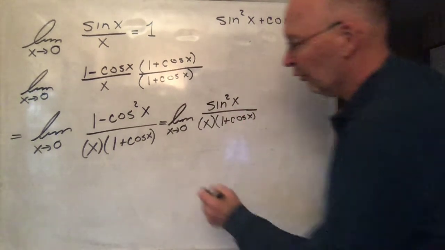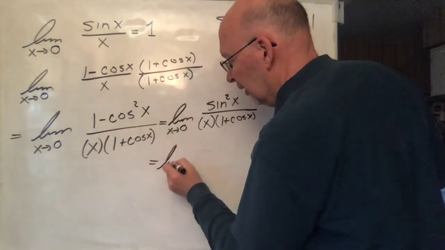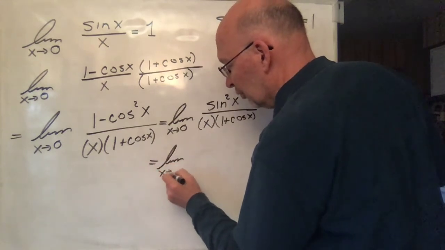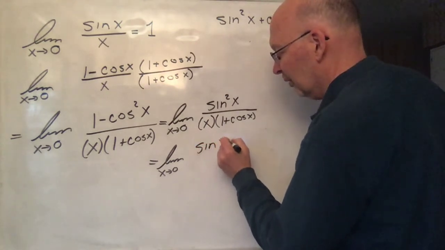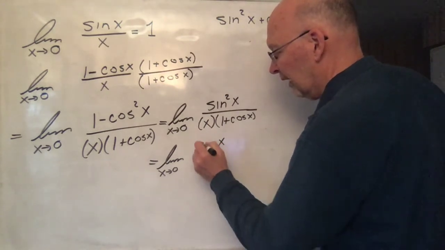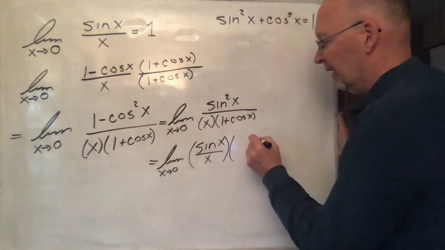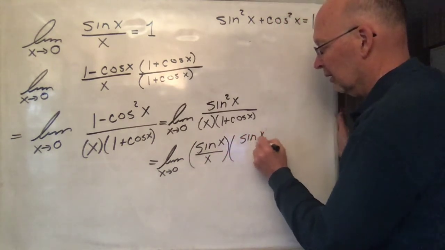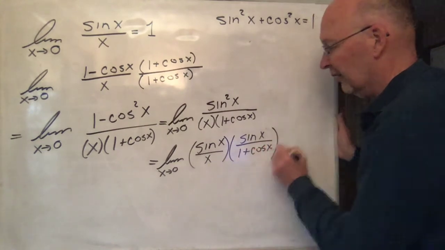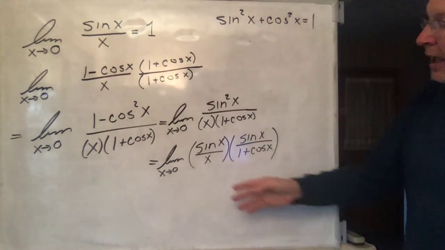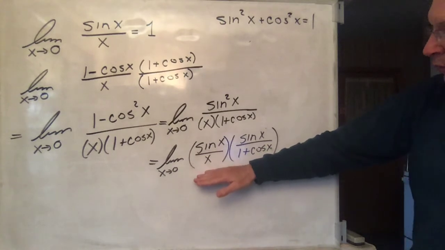So now let's go from there and see what happens. This is the limit as x approaches 0. Sine squared is the same as sine times sine, so I'm going to write that as sine of x over x, and I have another sine of x here, divided by 1 plus the cosine of x. And now we're almost done, because what happens?